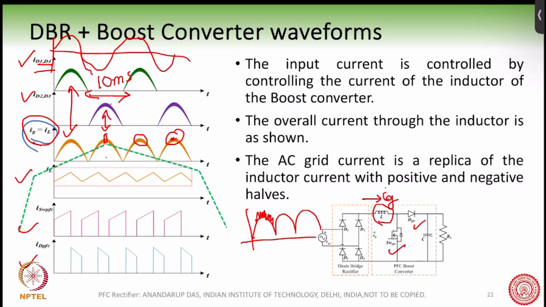In the zoomed region, suppose this boost converter is running at 100 kilohertz. Which means the time period is 1 by 100 kilohertz, which is 10 microseconds.